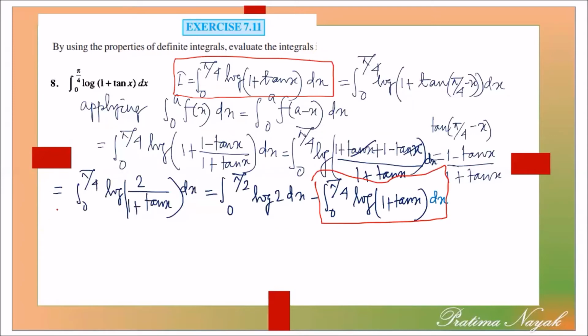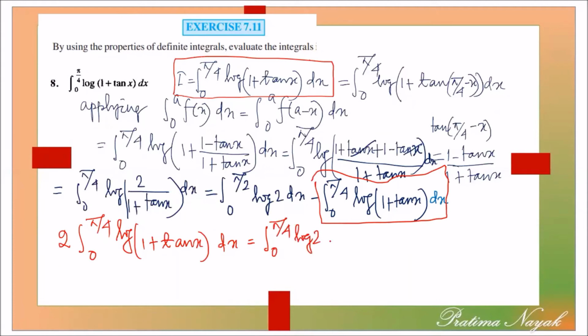So I'll take it and shift to the left side. So this will be twice integral 0 to pi by 4 log 1 plus tan x dx is equal to, on the right side, integral 0 to pi by 4 log 2 dx. And log 2 is your constant. So I can take it outside, then only integration of dx. What is it? x.